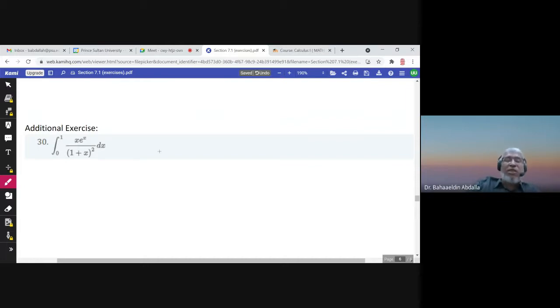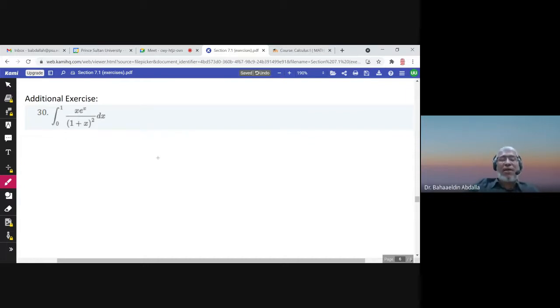This is an additional exercise. It has an idea. You can think about it if you like. You can pause the video and think about it. I think it will take you some time to realize that u here should be taken as x times e to the power x. And the derivative, we will use the product rule.